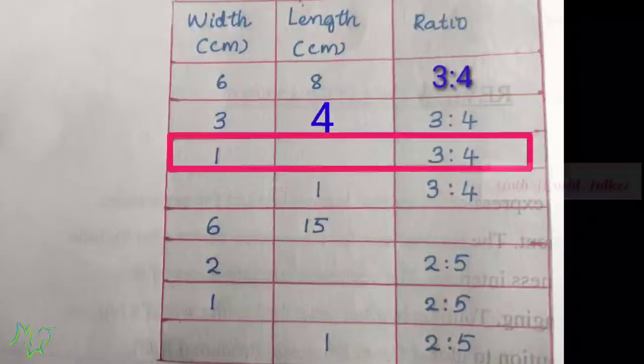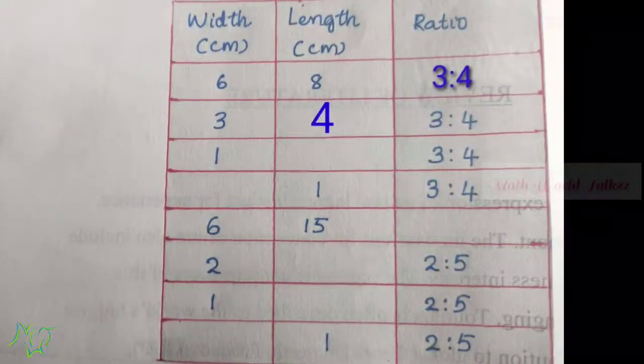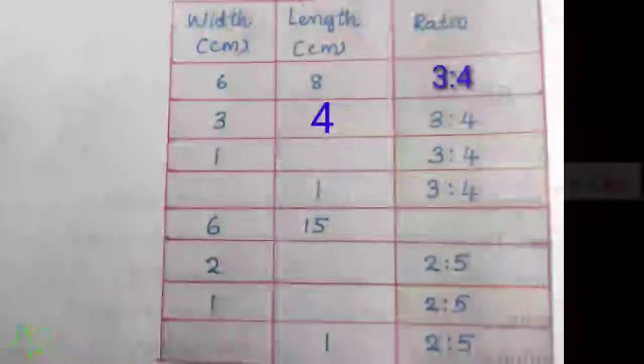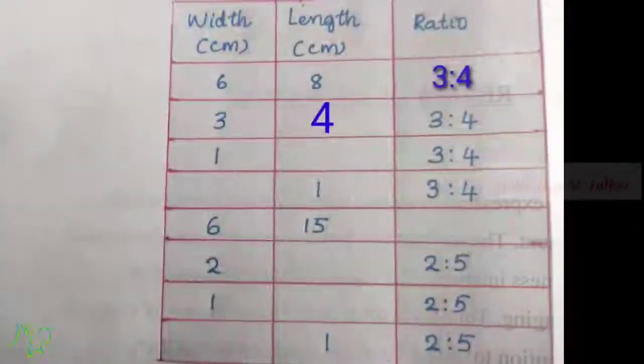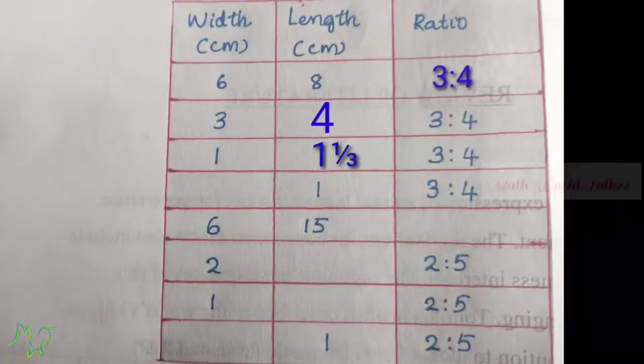There you can see width is 1 centimeter, but the ratio given is 3 is to 4. If we divide 3 in the ratio, we get width as 1. That is 3 by 3 is equal to 1. So we must divide the next number in the ratio with 3 itself. So the length we get is 4 by 3. If we write this in mixed fraction, we can write as 1 1 by 3.